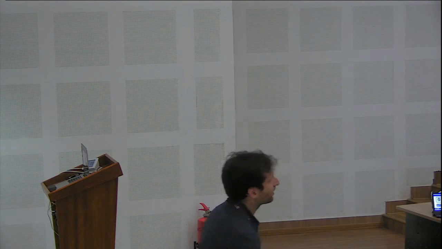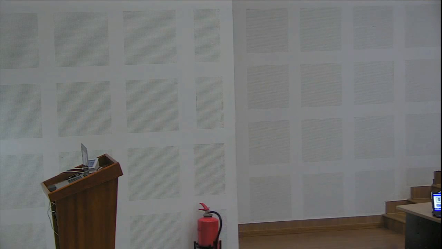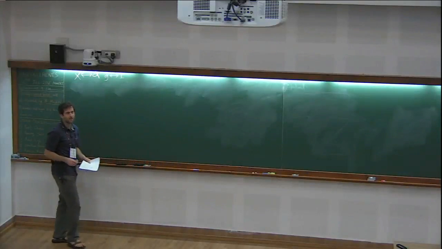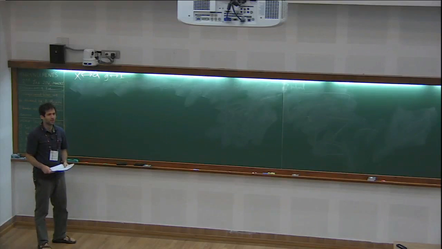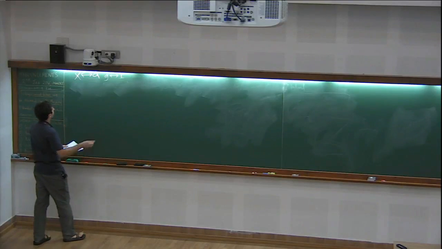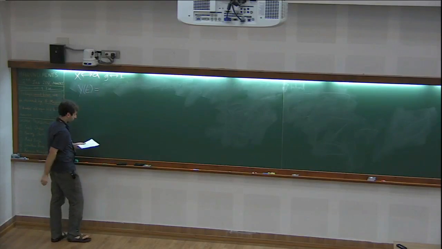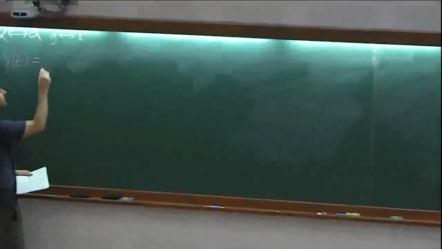Okay, so I'm going to start talking about interpolation, and to do this, I'm going to start with the same model that Mark introduced and that we're going to see quite a bit more of. So y of t, I'm going to normalize it slightly differently.